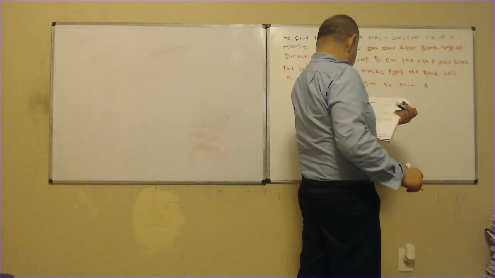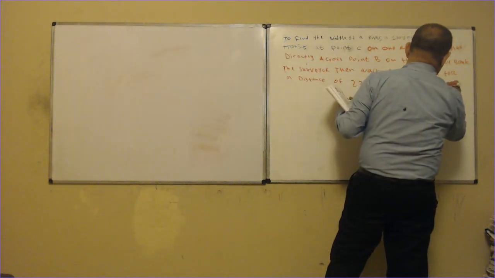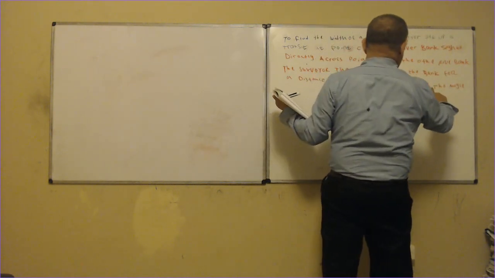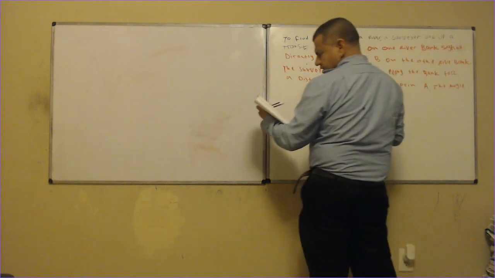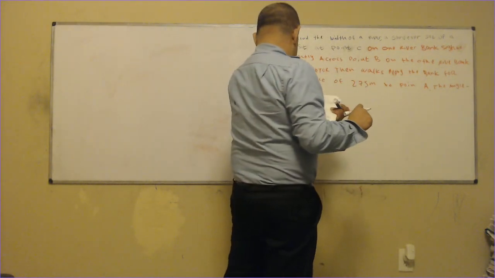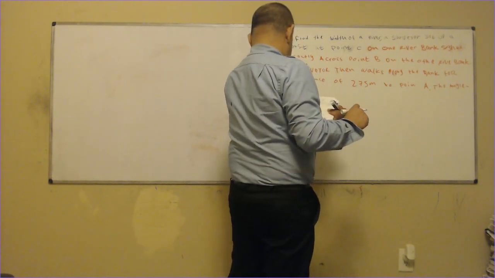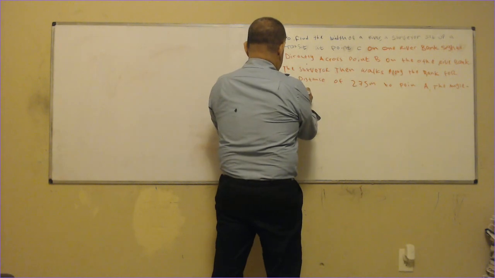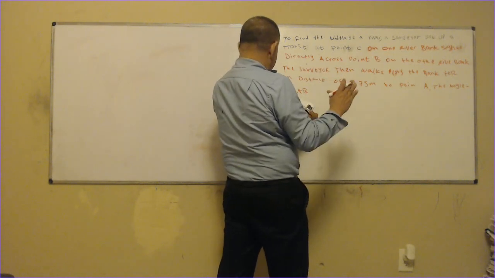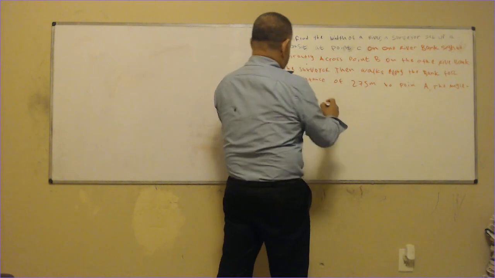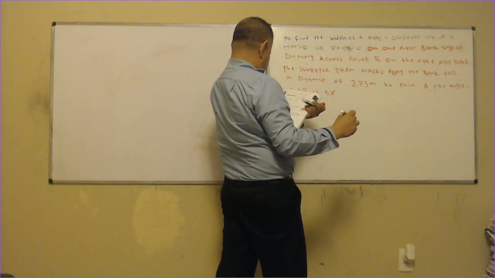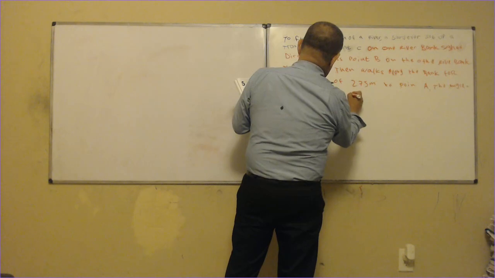Okay, the angle CAB is 57 degrees and 28 feet.